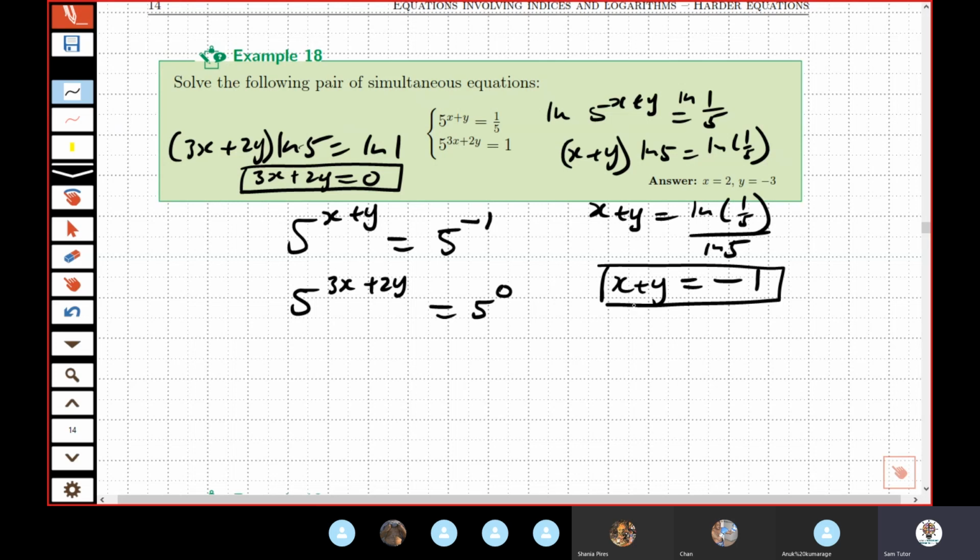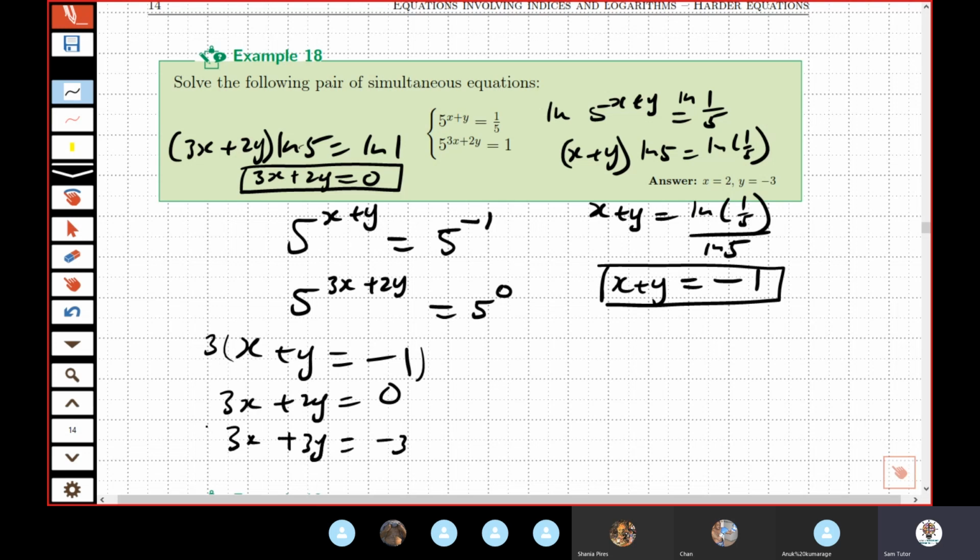Now you've got your two equations. You can solve simultaneously, and you should get x equals 2 and y equals -3. I would have probably just multiplied this equation by 3, so you're left with 3x plus 3y equals -3.